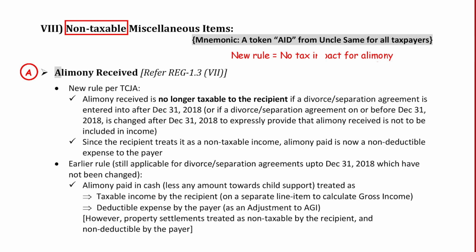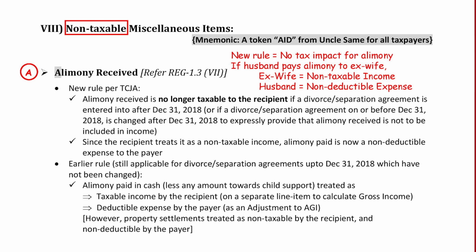Which means that if husband pays alimony to ex-wife, for the ex-wife, it's non-taxable income, and highlight that. And because it is non-taxable income for the ex-wife, it is a non-deductible expense for the husband.